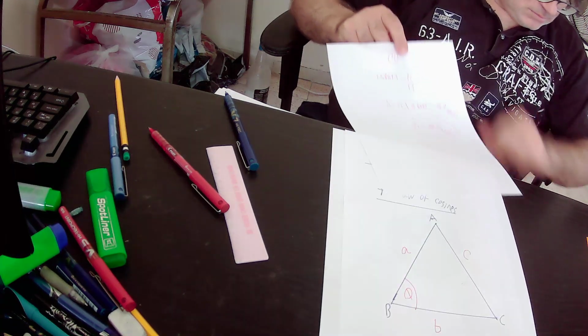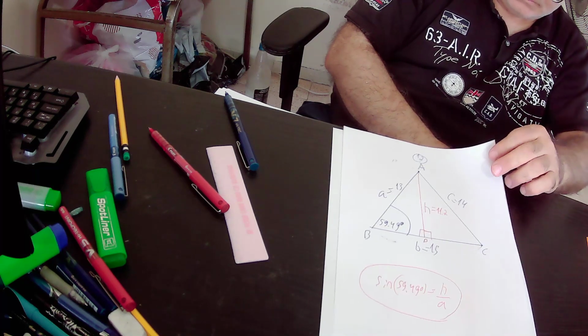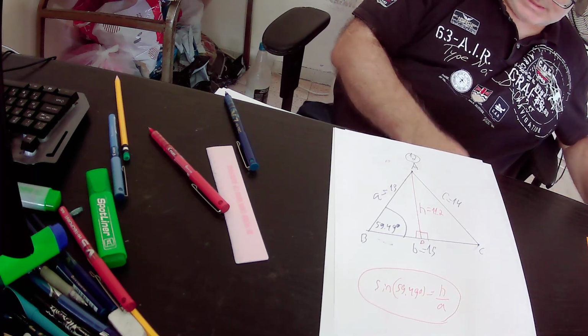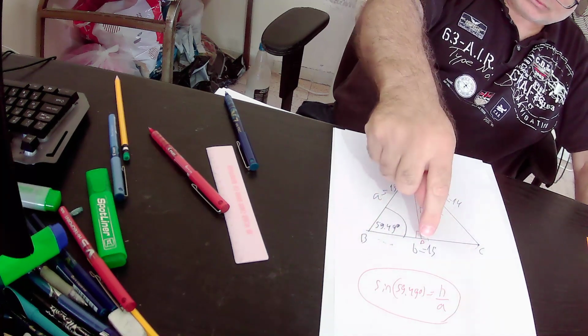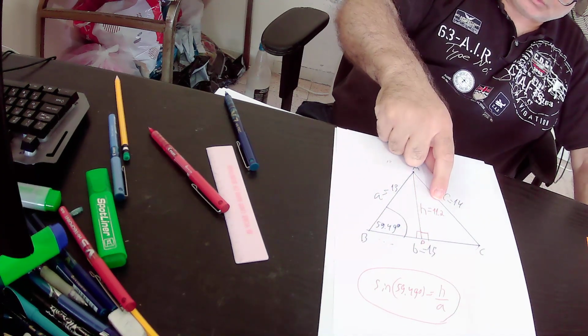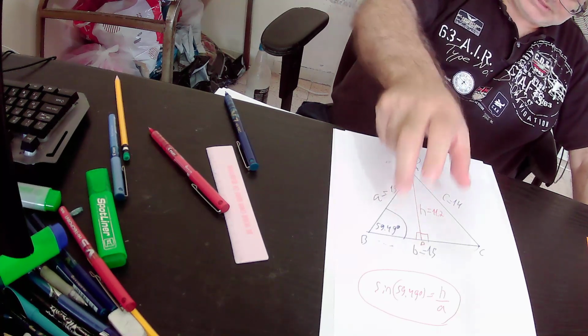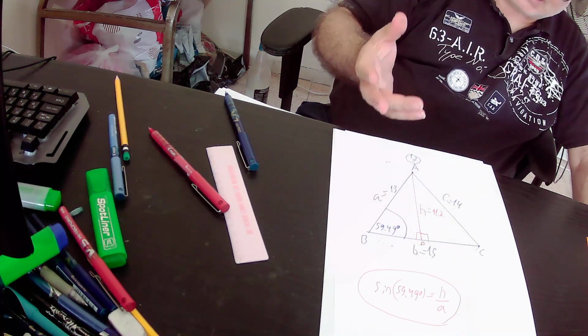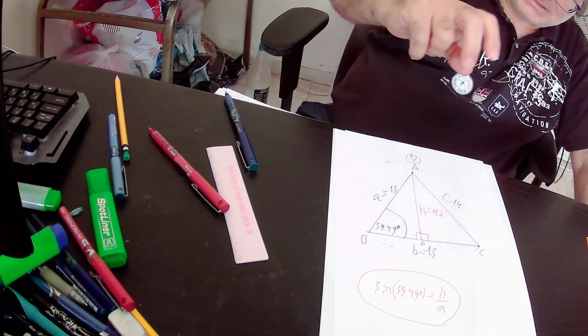So the height of this triangle ABC when the base is B, that equals 15 units, equals 11.2 units. The area of any triangle equals the base times the height to the base over 2.